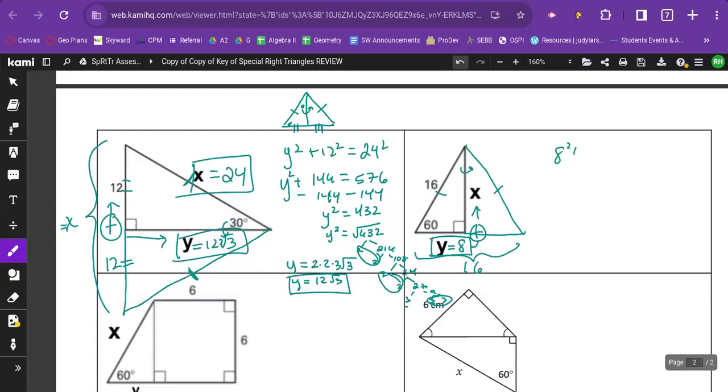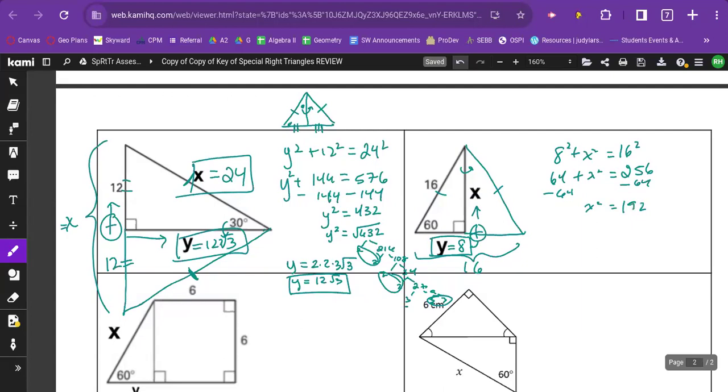So 8 squared plus x squared is equal to 16 squared. 64 plus x squared is, I believe, 256, but I'll double check. Yep. Subtract 64, x squared is 256 minus 64, which is 192.